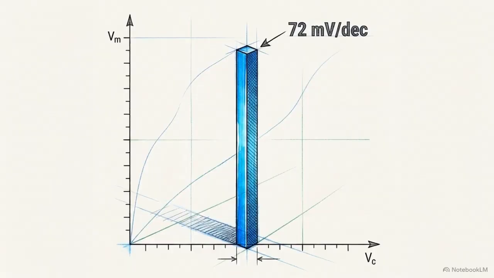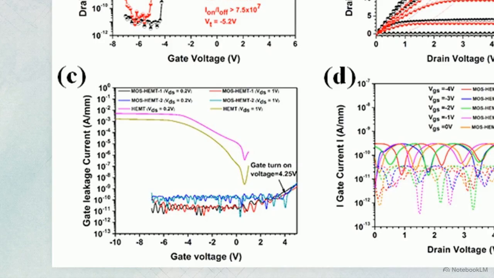The MOS HEMT also shows a sharp subthreshold swing of 72 millivolts per decade, suggesting a much more efficient switching response. This is confirmed by the gate leakage data. The standard HEMT begins to leak significantly at just 0.5 volts, while the MOS HEMT remains stable until 4.25 volts.